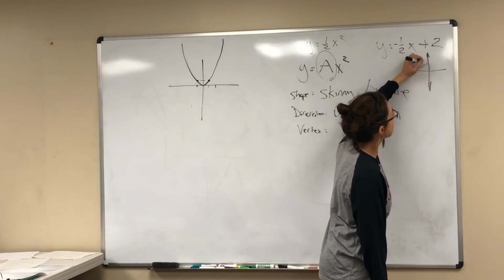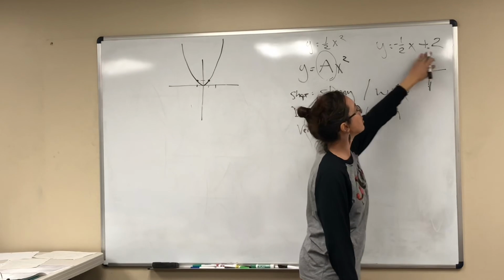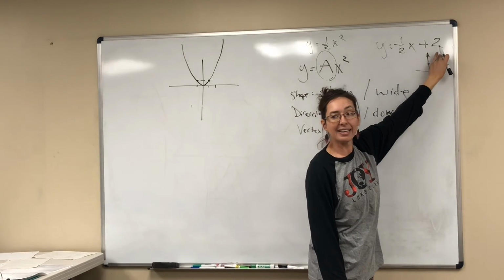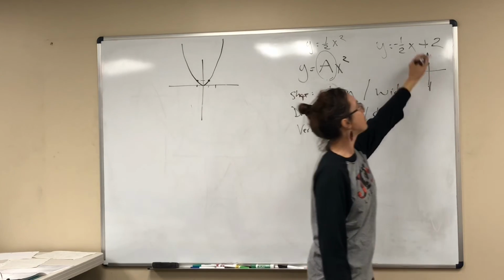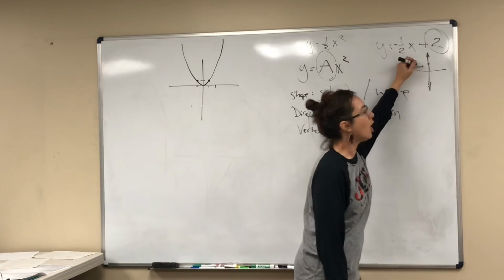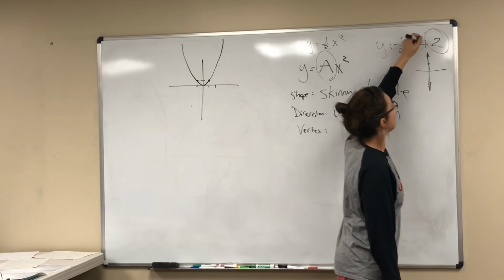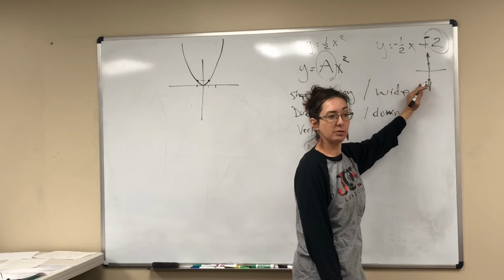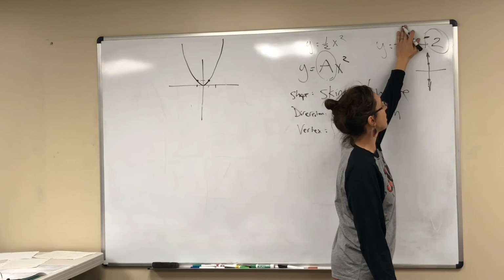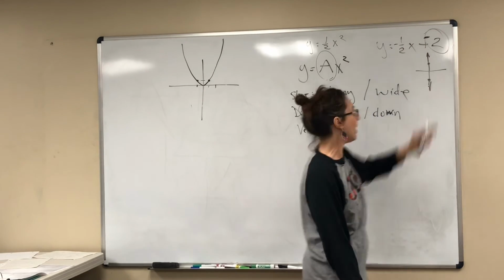So if x is 0, y is now 2, correct? So on a linear equation, when we added a number, we moved our line. If it was positive, our line moved up. If it was negative, our line moved down. Correct? Because we are removing x and we now have a value for y.